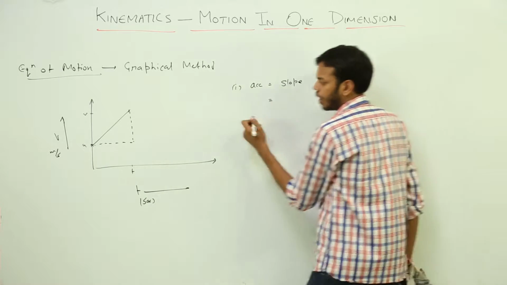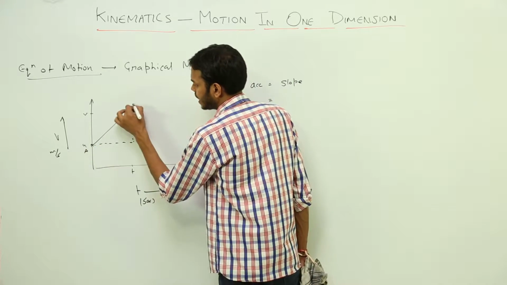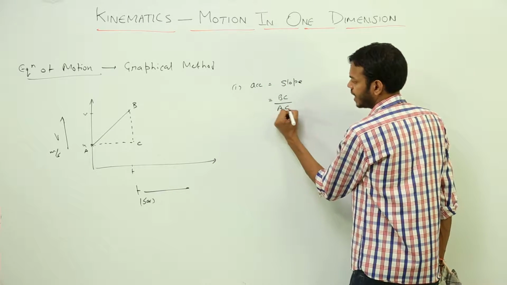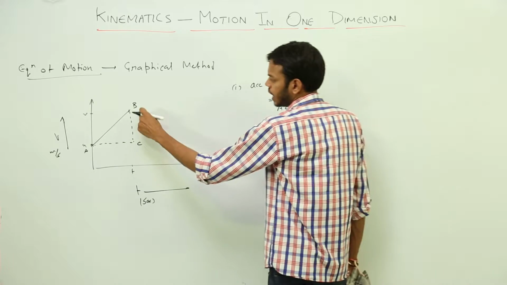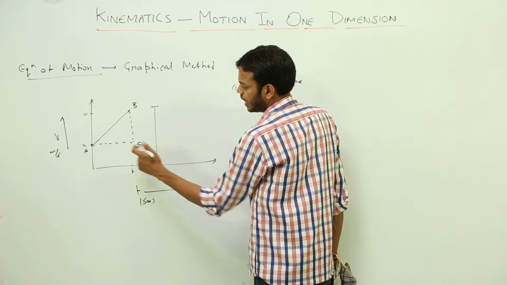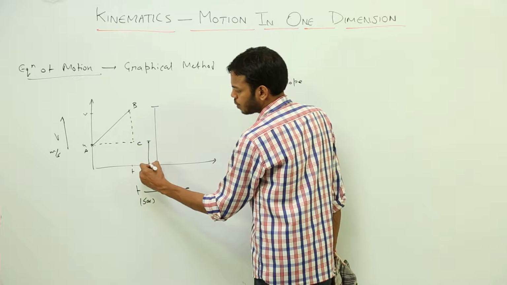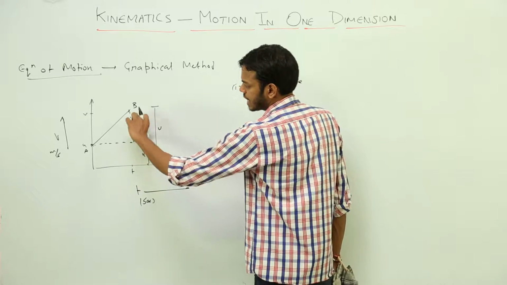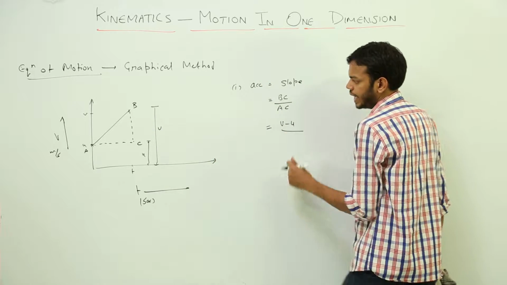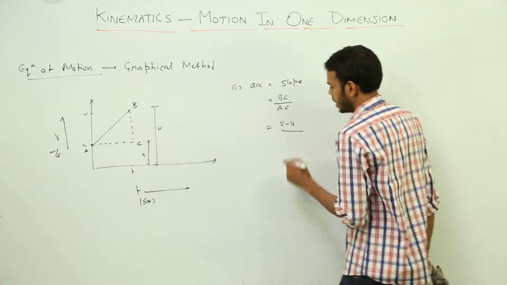If I write it as triangle ABC, it will be BC upon AC. What is BC? From here to here it is the final velocity V, and from this point to this point it is U. So BC would be V minus U, over AC. AC is the time interval T.